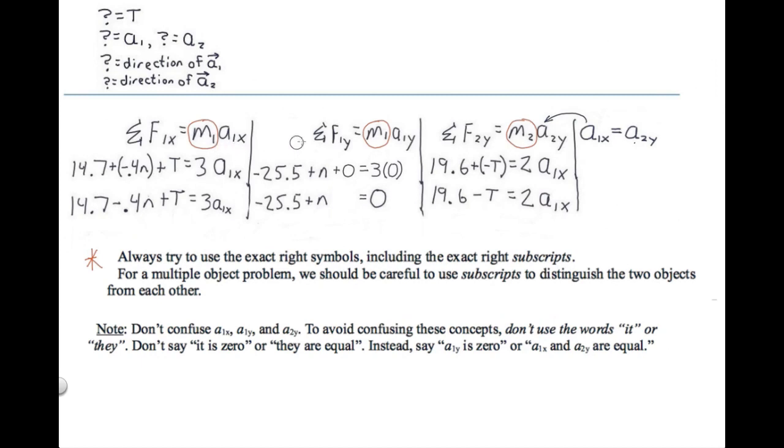Again, we used 1 and 2 subscripts to carefully distinguish between the mass of object 1 and the mass of object 2. And we used 1 and 2 subscripts to distinguish between the acceleration components for mass 1 and the acceleration components for mass 2. Notice how different our analysis was for a1y, which equals 0, and for a2y, which equals a1x.